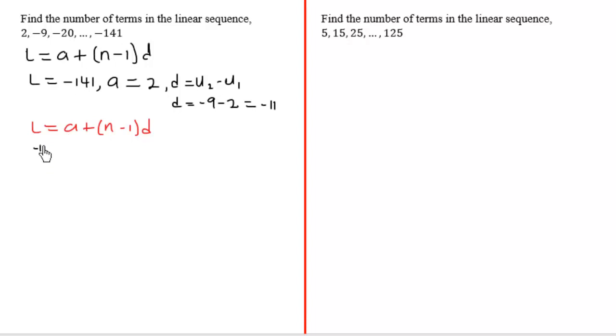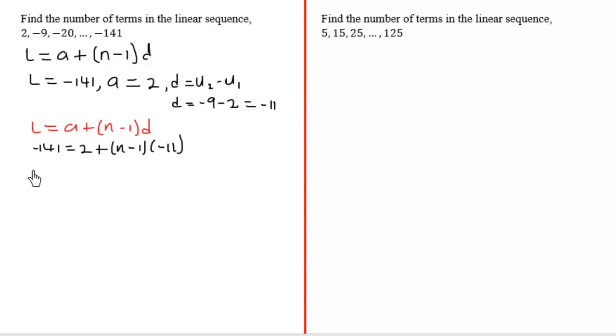So -141 is equal to A, the first term, which is 2, plus n, the number of terms, and that is what we are looking for, and then D, the common difference, which is -11. So multiply by -11.